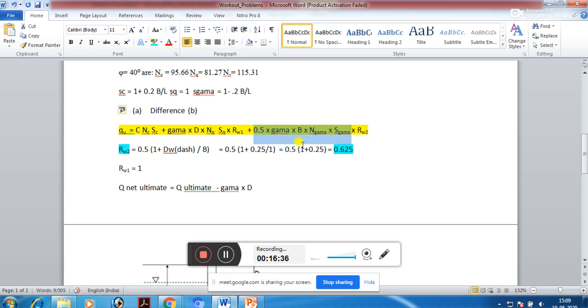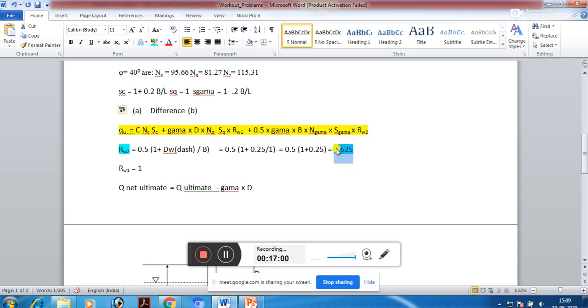But for question number 1 or question number A, you notice this RW2 factor was 1. However, today we have seen that when the water table rises up to the base of the footing or a little below the base of the footing, you have an RW2 factor which is lesser than 1.